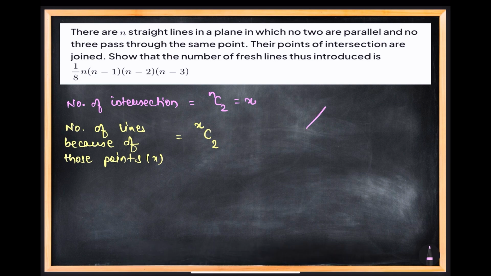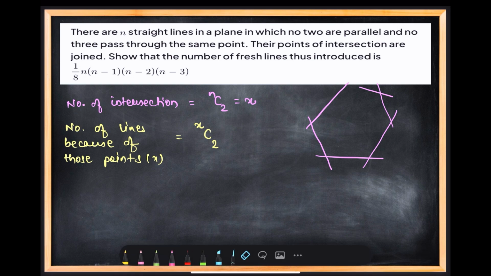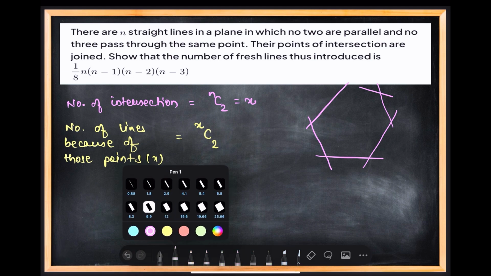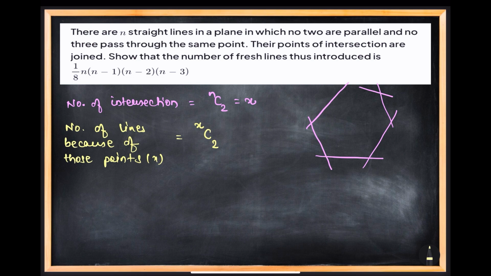So look at this. Suppose this is line 1, this is line 2, this is line 3, this is line 4, this is line 5, this is line 6, and so on. They are the n straight lines. Now these straight lines got intersected at points. So this yellow thing is the number of points of intersection.